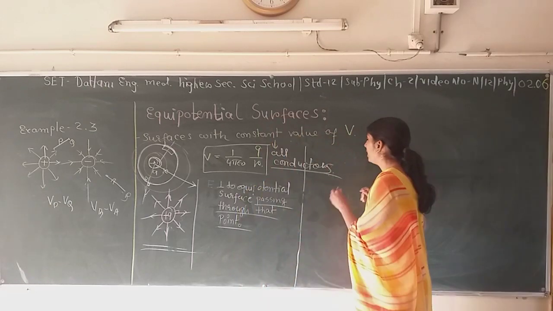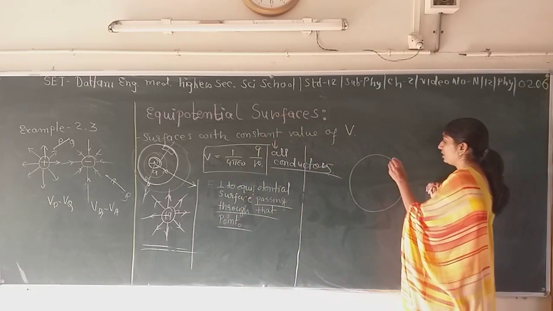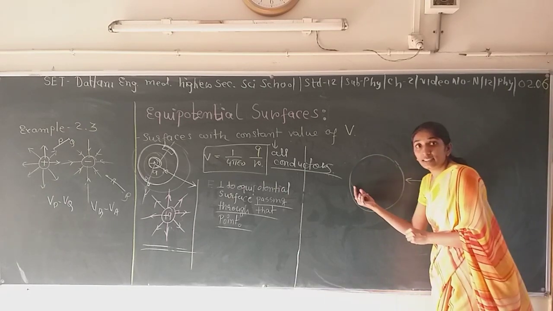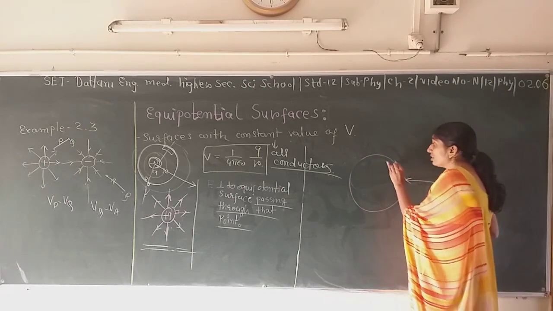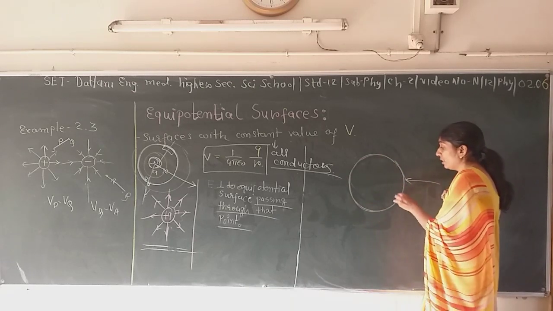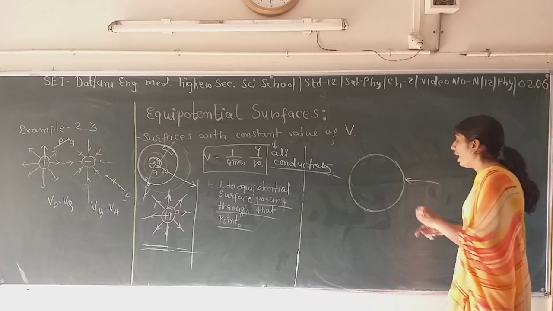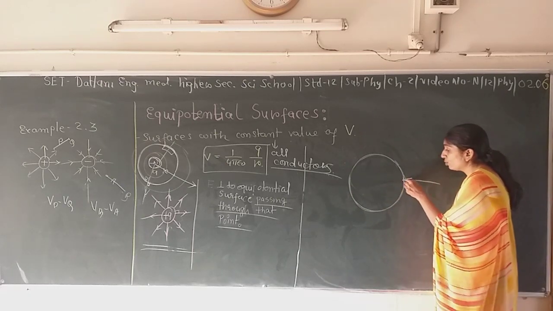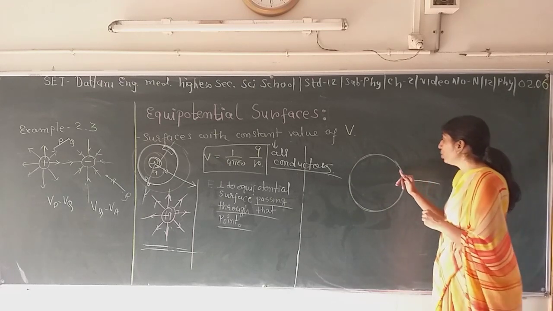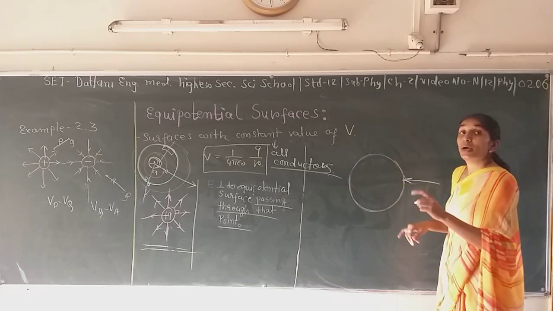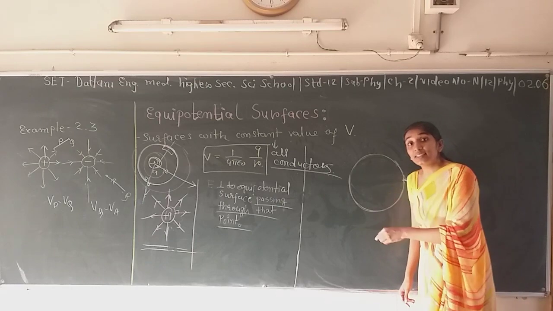Another thing can be understood with the help of this. If I give certain charges to this conducting shell, these charges eventually settle down on its entire surface. I am just giving charges at one particular point. I am not moving these charges through the entire surface, but it is being done by itself.